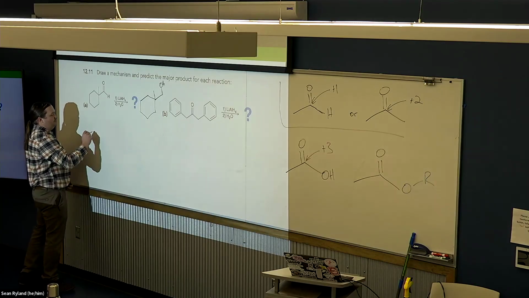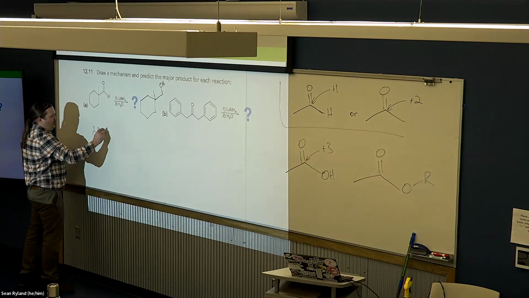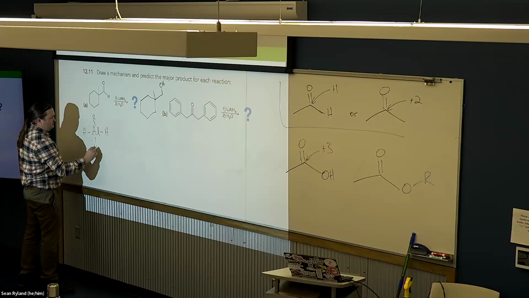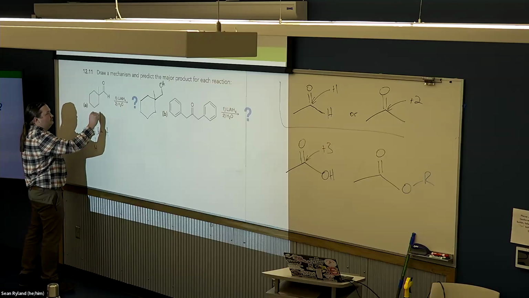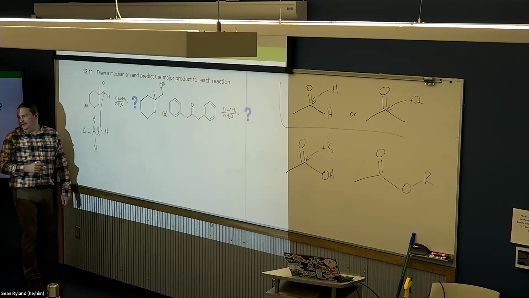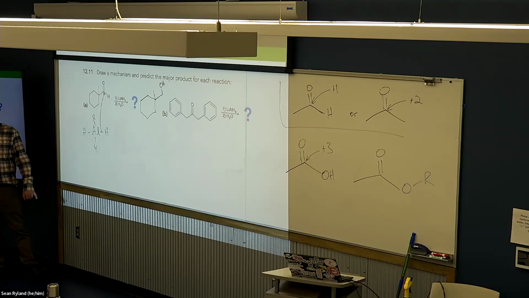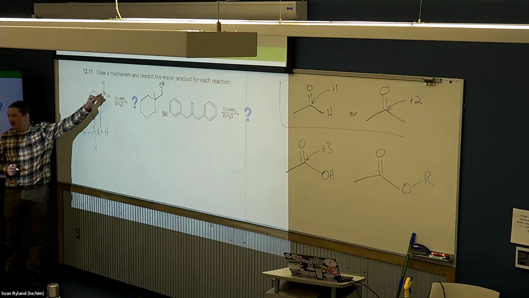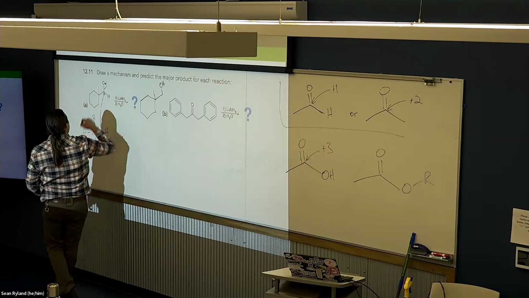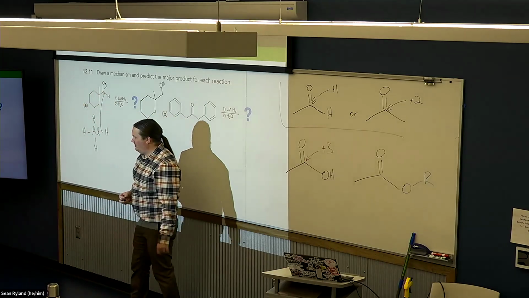If you have aluminum hydride, hydrogen leaves, brings an electron with it, and attaches to the carbonyl carbon. And then you just need to make room for it.